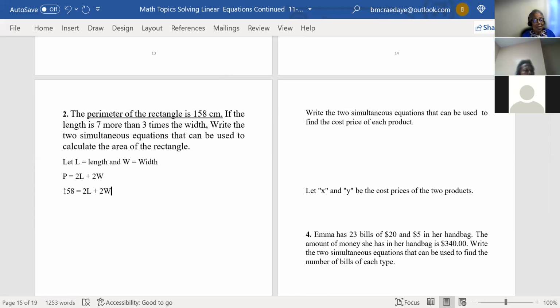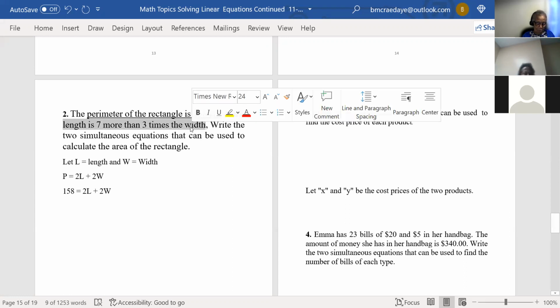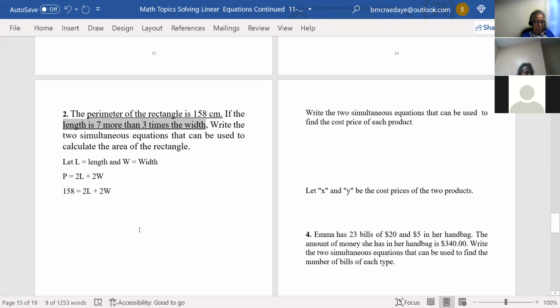Now, how do we write the length is 7 more than 3 times the width, Vanessa?